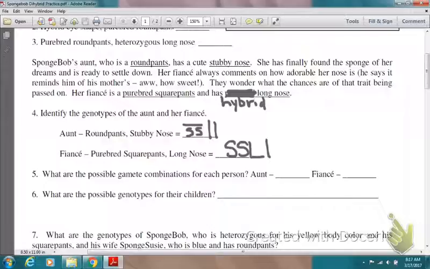Now, the next question says, what are the possible gamete combinations for each person? And what they mean by that is whenever meiosis is taking place and your cells are dividing, and you've got anaphase and telophase, you're making 2 new cells and then they'll split off again. You're going to have one of each of your alleles go to those gametes, to those sex cells. Because remember, in a human, how many chromosomes does a regular body cell or somatic cell have?